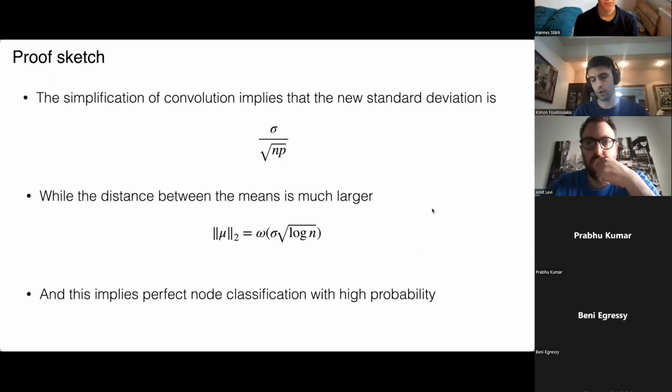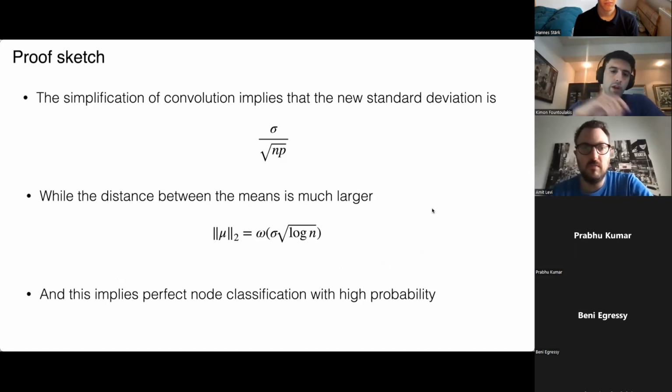So this is way smaller. At the same time, the distance between the means is very large. It's little omega sigma square root log n. So if you have a roughly Gaussian distribution where the means are far apart and the standard deviation is way smaller than the distance of the means, then you have very nicely separated data, and that's how GAT achieves perfect node classification, independent of what Q is.